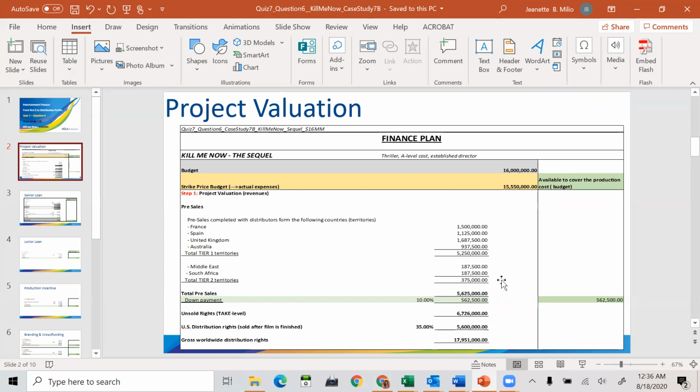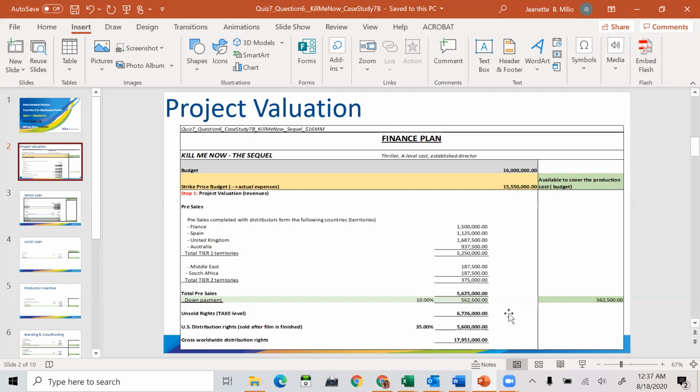So if you're unsure about how we got to these numbers and you still have questions about the section, please watch that video. We are left with unsold rights of $6,726,000 based on the original sales estimates that were provided to us.